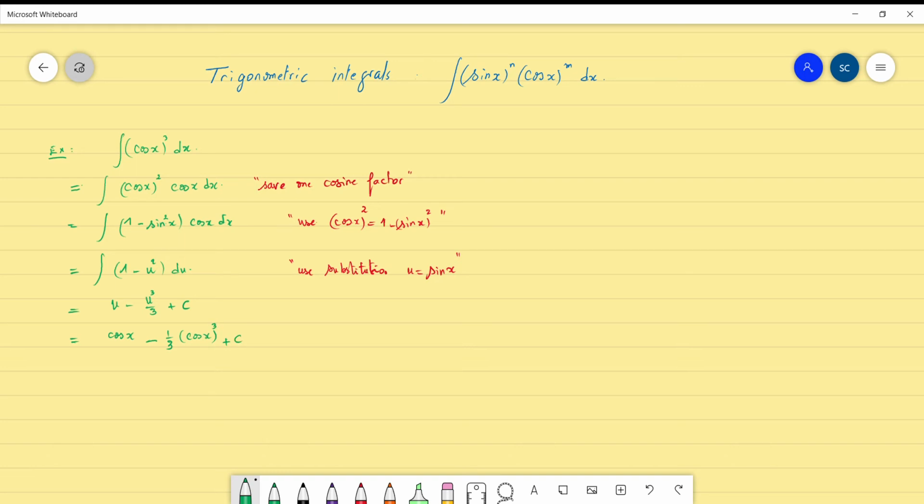Let's now do another example. Here is a second example.